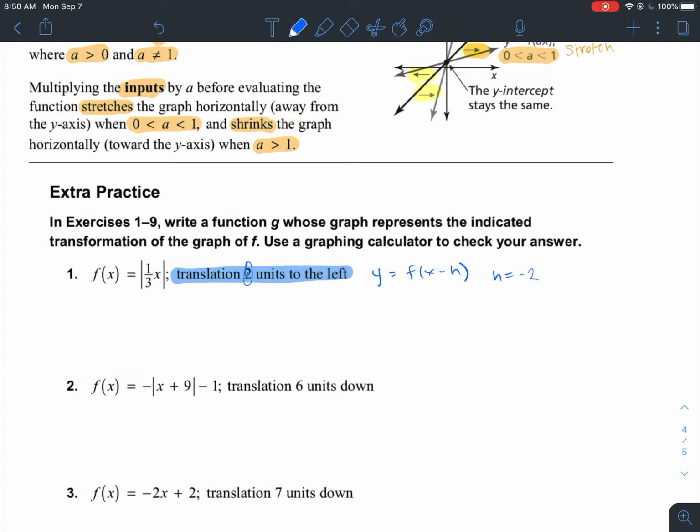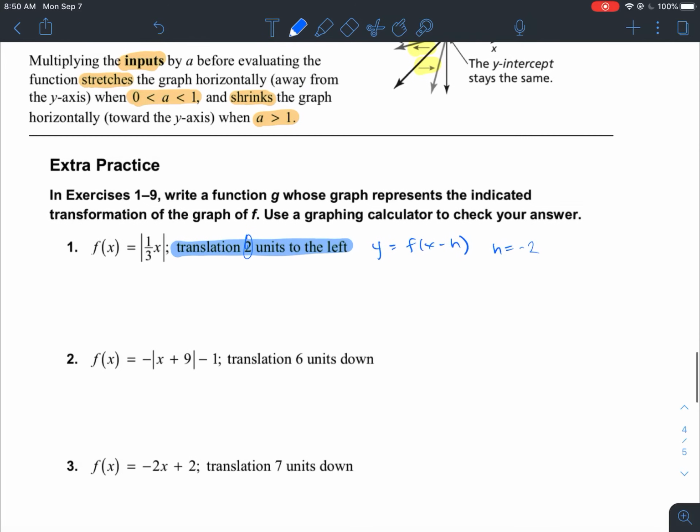Okay? So then we'll have, let's put it into our new function, g of x. And we say g of x equals f of x minus negative 2. Like that.